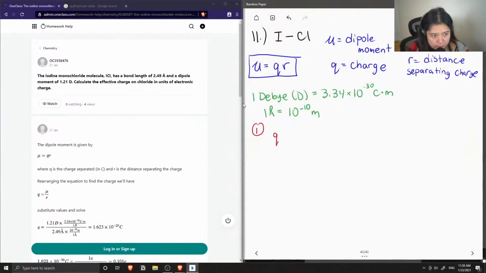So to solve for charge, it's going to be the dipole moment divided by R, which is the bond length.